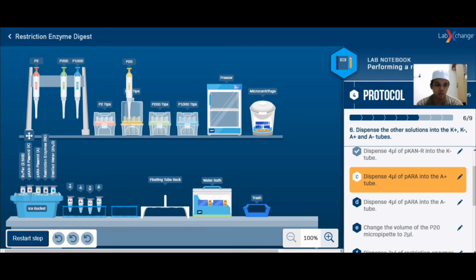Put back into the ice bucket and dispense into the A plus tube.